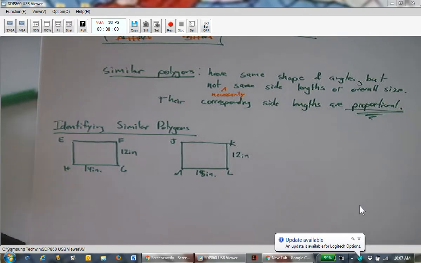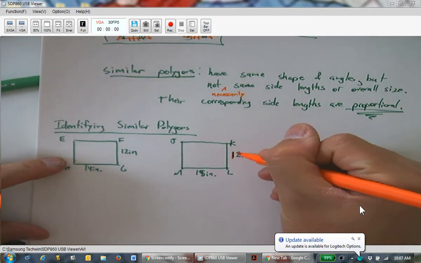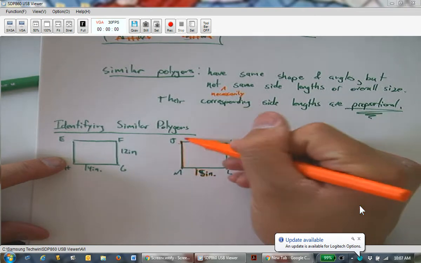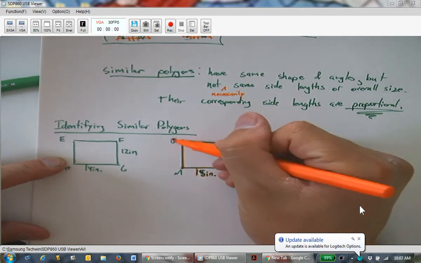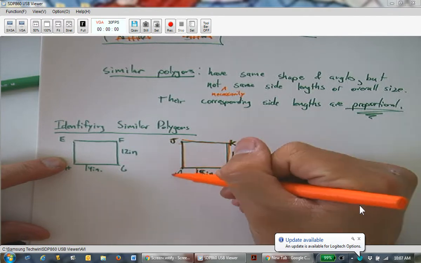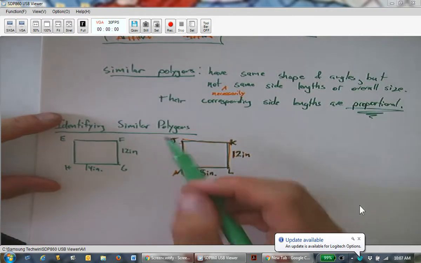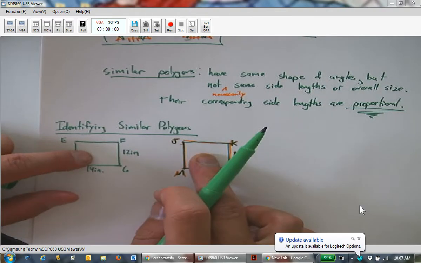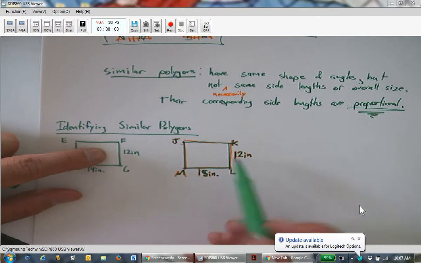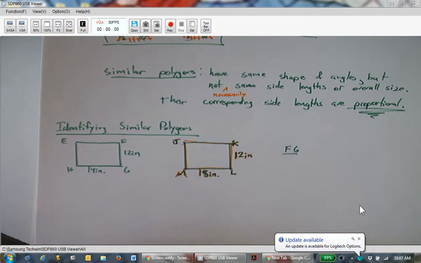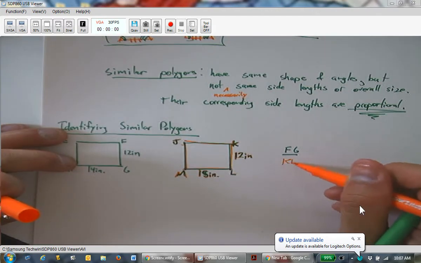So how we would set this up appropriately for proportion: you can do it in multiple ways, but here's one way. One way is to set up a ratio between 2 corresponding sides of the 2 shapes. FG corresponds to KL.